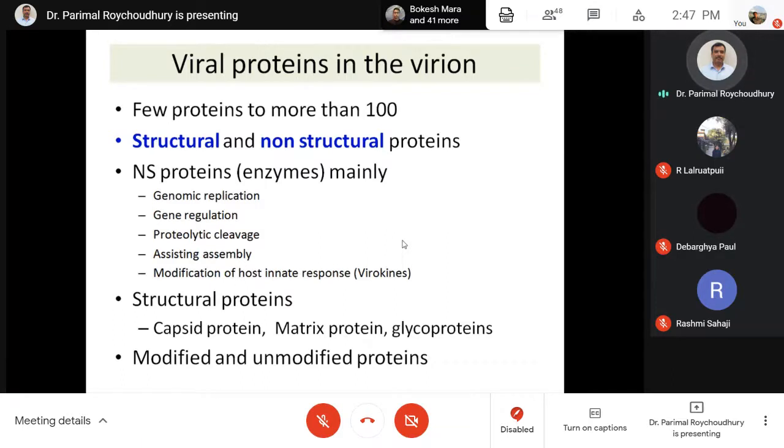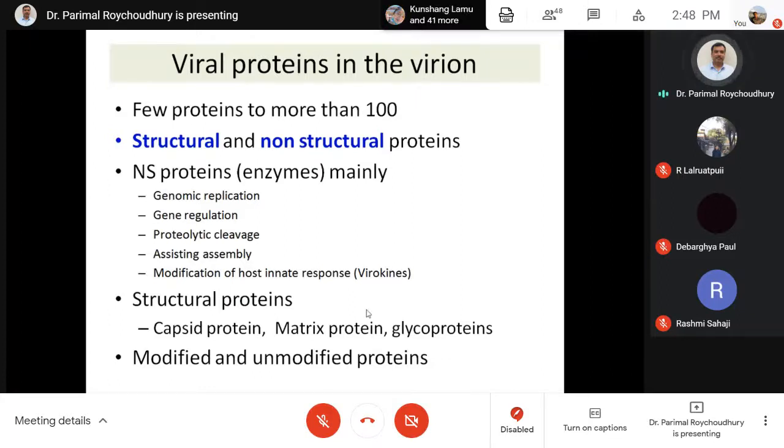The other category of proteins we call non-structural protein. These non-structural proteins are mainly enzymes or certain factors which are needed for replication. They are needed for proteolytic cleavage, assembly of the virus within the host cell before it exits the host cell, and polymerase enzymes for genomic replication.